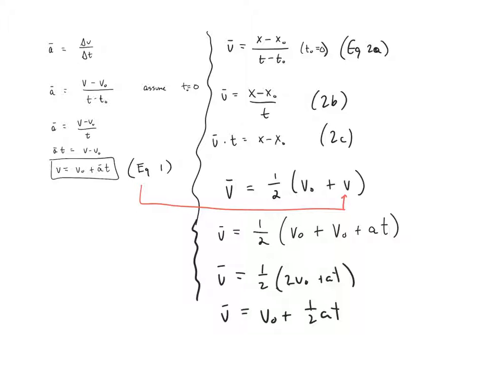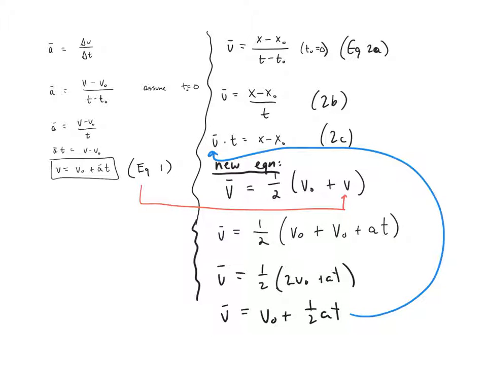So remember when I said at 2c we introduced this other equation here, and we came up with a new one, plug this back into equation 2c. We're taking the first equation we derived, equation 1, v equals v0 plus at.